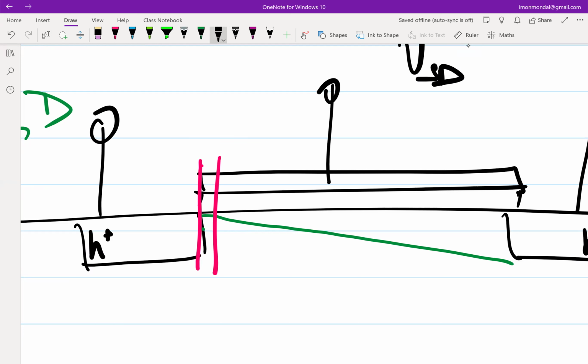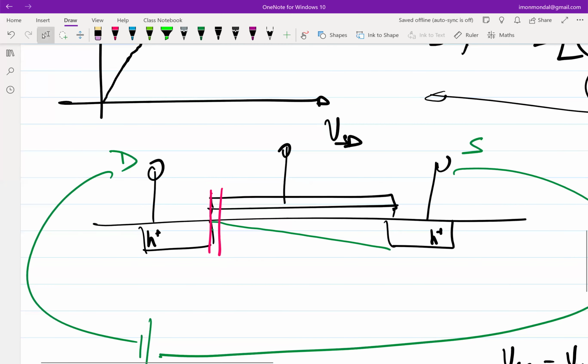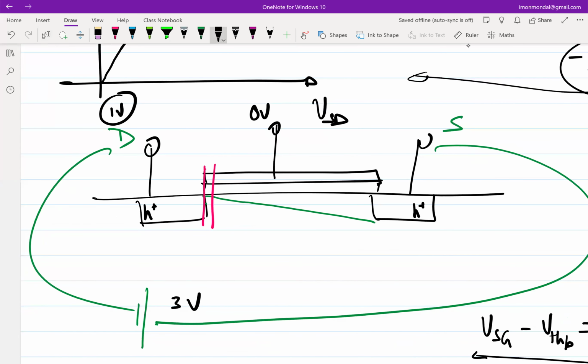So let me put some numbers, for example. Let's say source voltage is 3 volt, drain voltage is 1 volt. Gate voltage, let's say, is 0 volt. Okay. And let's say the threshold voltage is 0.5 volt.